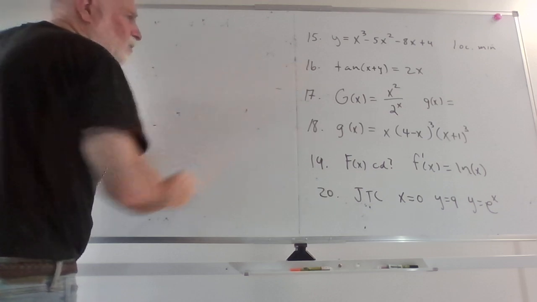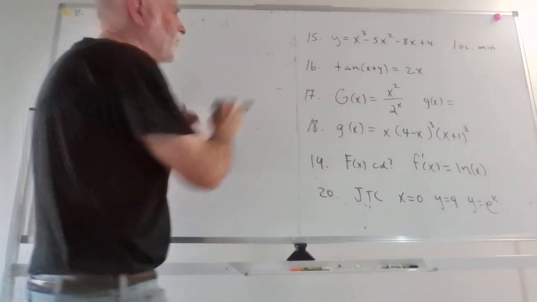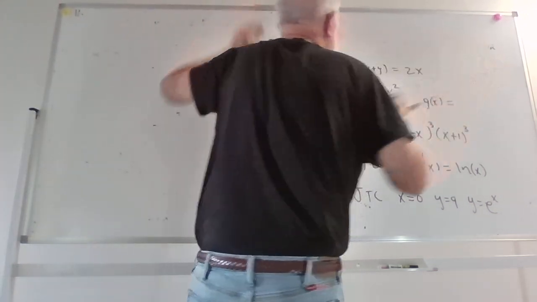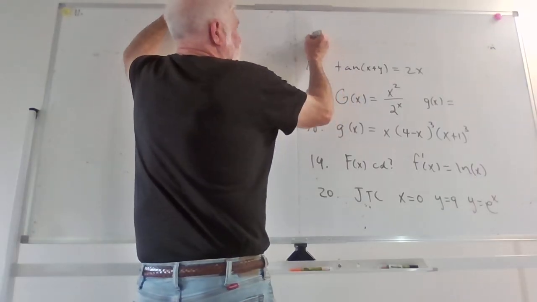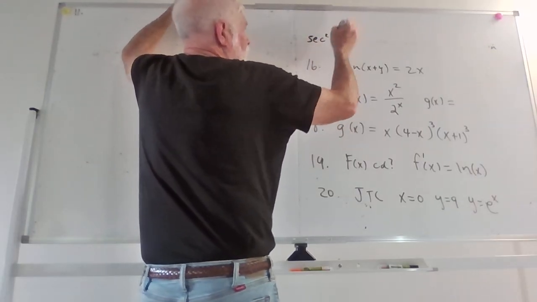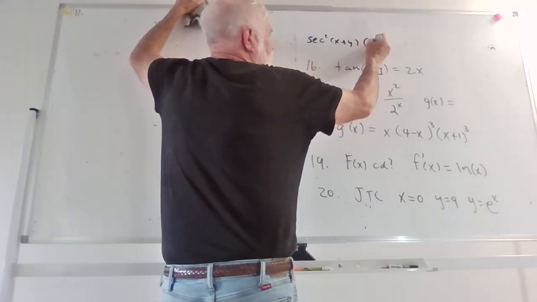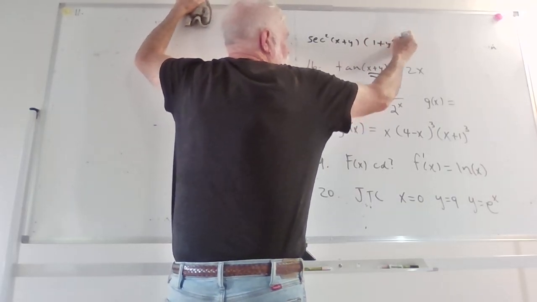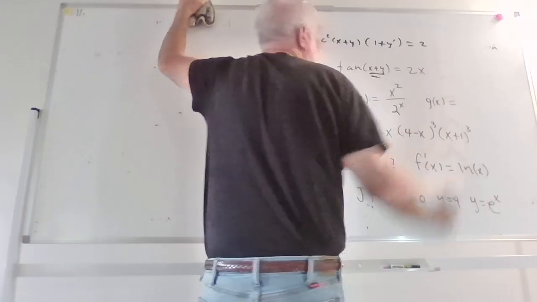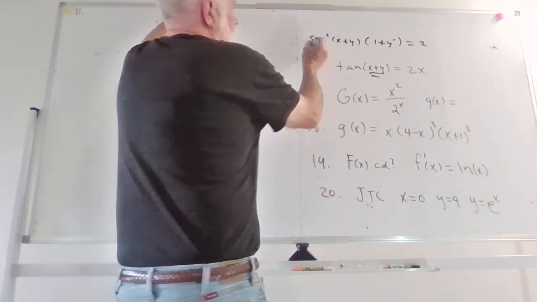Tangent x plus y equals 2x. Can I do it over here and save some time? I hope so. Derivative of tan is secant squared of x plus y. Derivative of what's inside is times 1 plus y prime. And that's going to equal 2. The rest is all algebra.